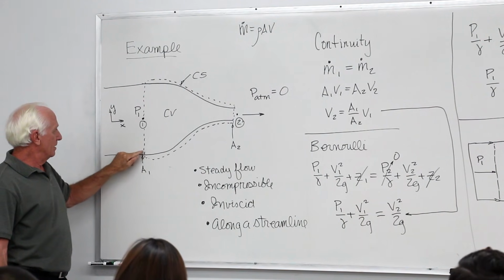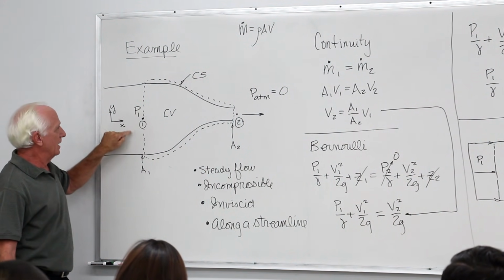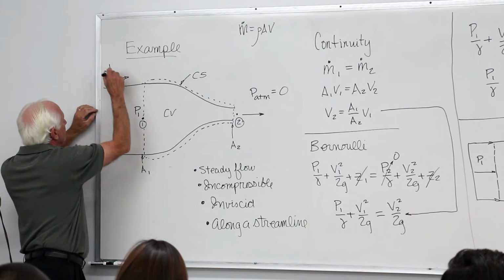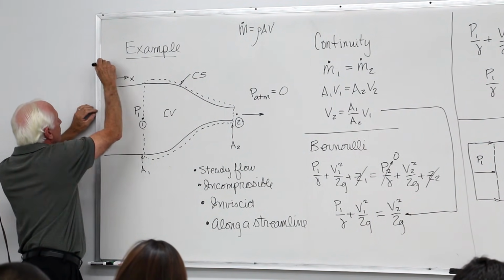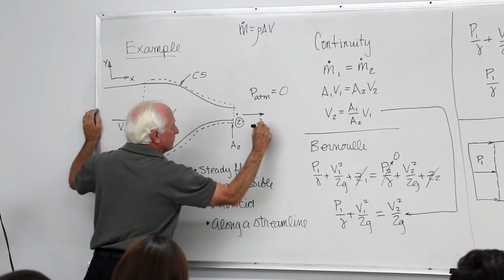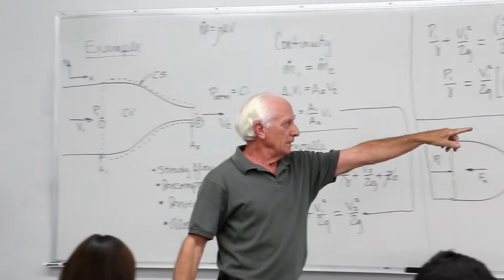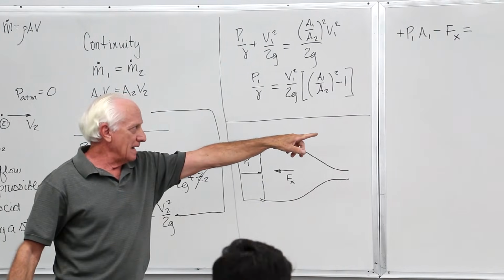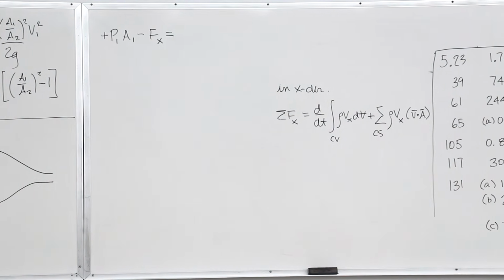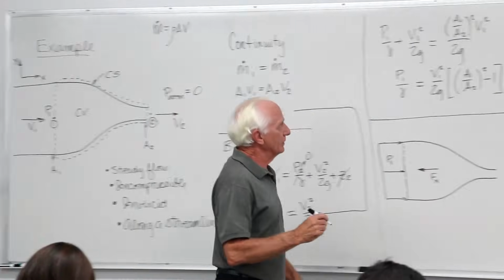I go upward. Oh, yeah, there's a velocity here, v1. Okay, do what it says. Take the density there times the velocity in the x direction. Rho times plus v1. v1 is in the plus x direction.